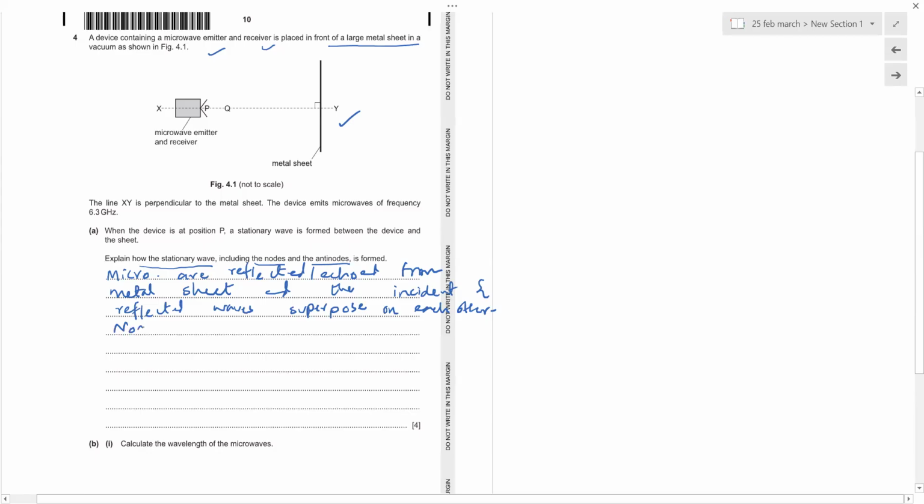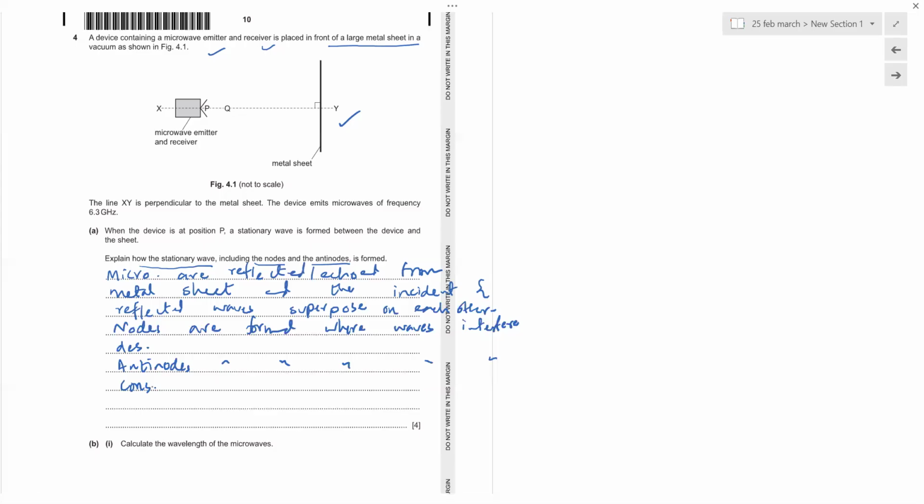So nodes are formed where waves interfere destructively, and antinodes are formed where waves interfere constructively. Okay. It is 4 marks. So reflection mentioned, superposition mentioned, nodes and antinodes, the 4 marks are complete.